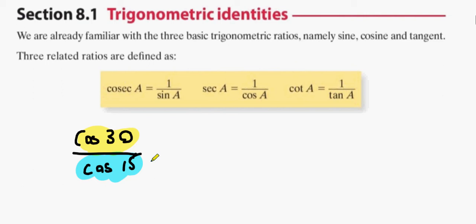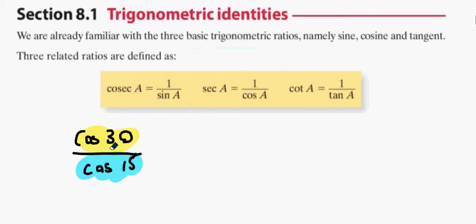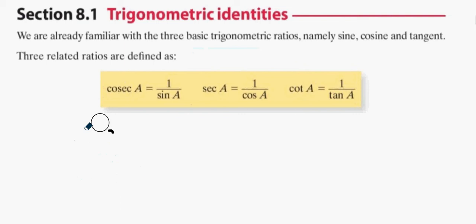Okay. Next thing we're looking at is new functions. And they came up with these functions just to save using fractions. So when you see cosecant, if I said cosecant 30 degrees, that'll be 1 over sine 30 degrees.